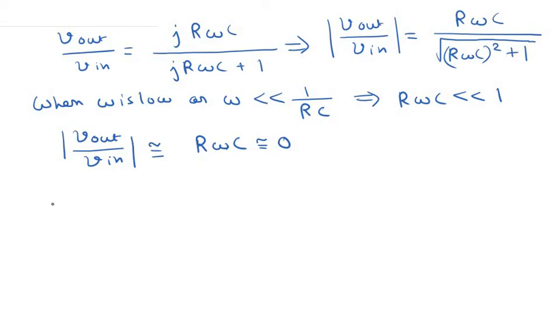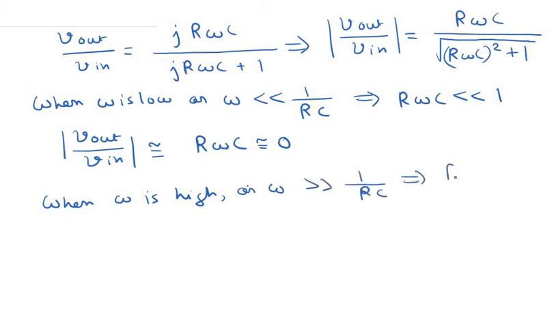On the other hand, when omega is high, or in other words, omega is much greater than 1 by RC, which implies that R omega C is much greater than 1, then you can understand that the denominator has this (R omega C) square here and this 1 here. So if R omega C is much greater than 1, then this term becomes the dominant term in the denominator.